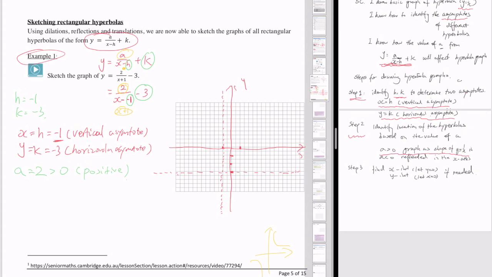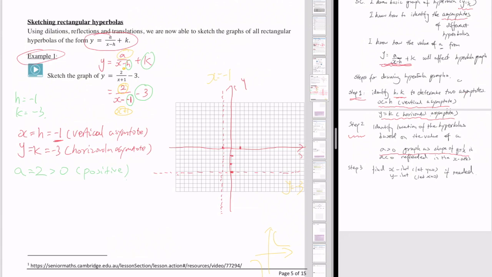Okay, so we know the shape is going to look similar like that, but since we changed our asymptotes, which means we changed the two lines that the hyperbola is trying to approach. It's not the x and y axis anymore, it is x equal to -1 and y equal to -3.